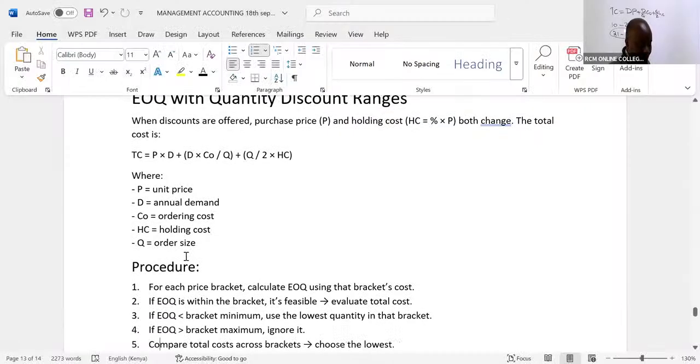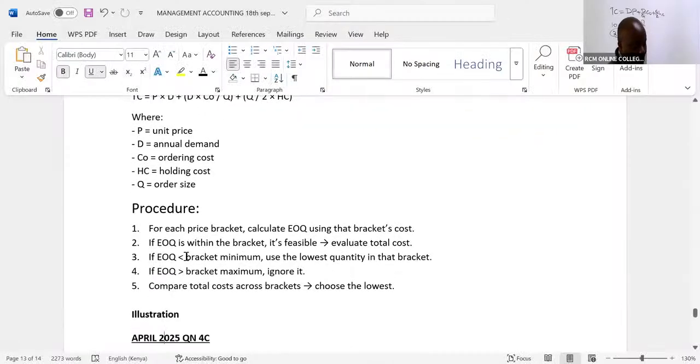So we are told here the procedure. For each price bracket, calculate EOQ using that bracket's cost. If EOQ is within the range, we say it is practical, it is feasible, and you evaluate the total cost.